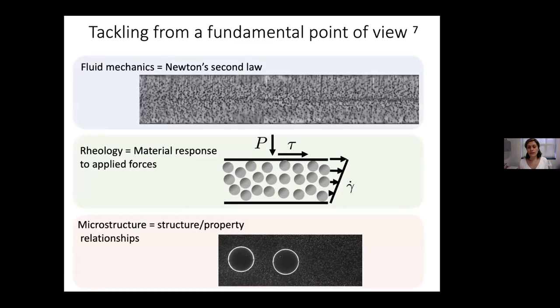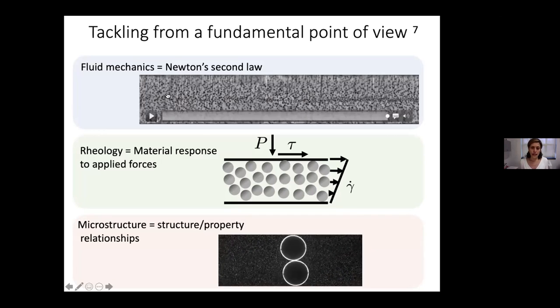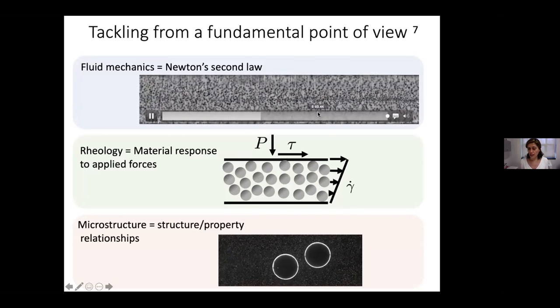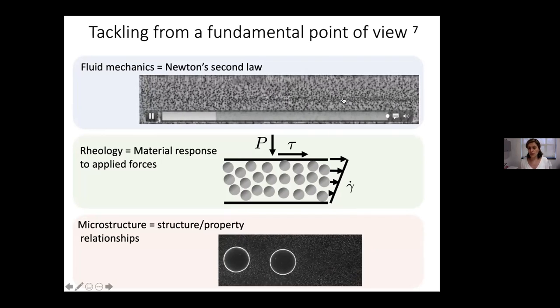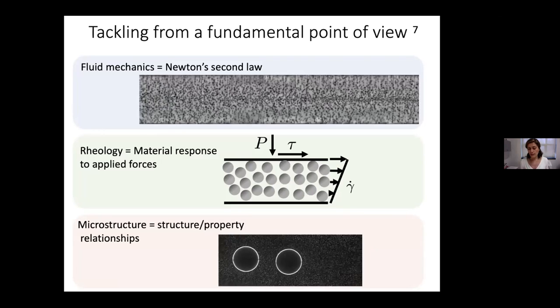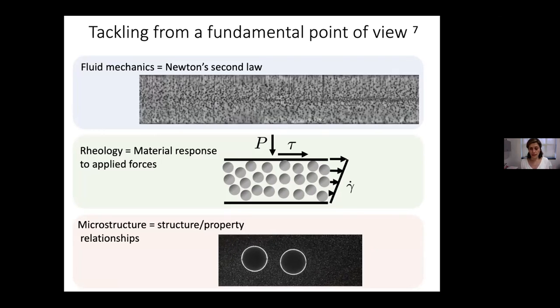So in all of these problems and applications that I've introduced, we have to tackle three fundamental steps to solve them. So for example, if I want to understand the dispersion of solid in a fracturing problem, I have to write down the second law of Newton for the non-Newtonian slurries or the complex slurries.